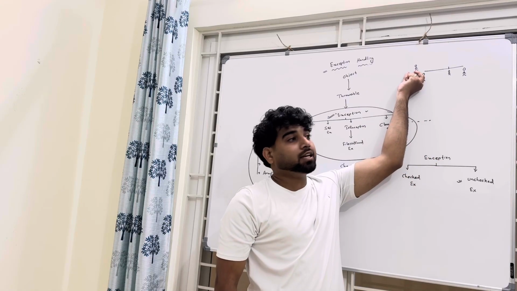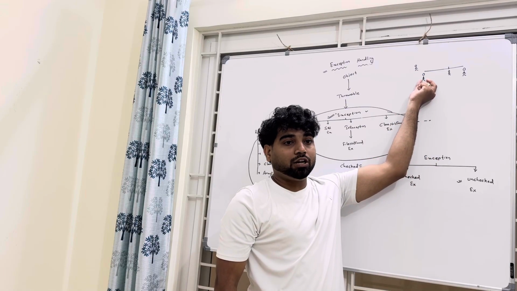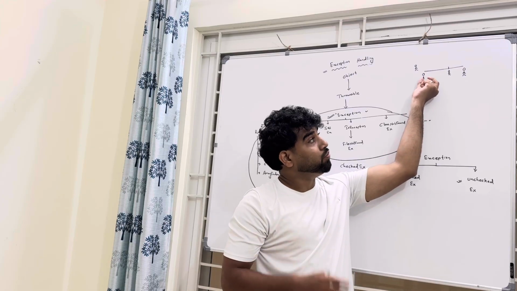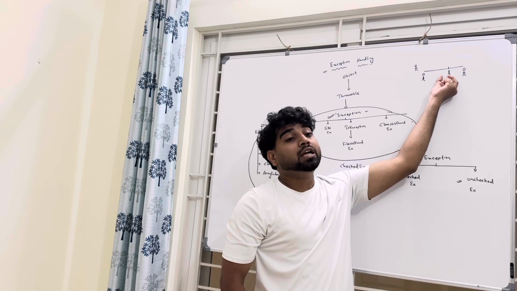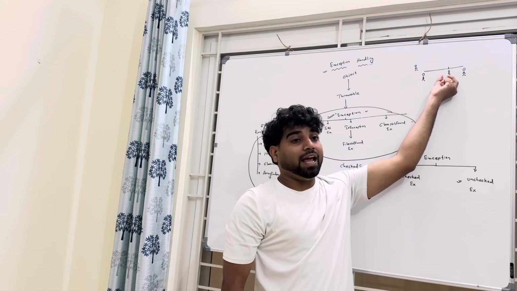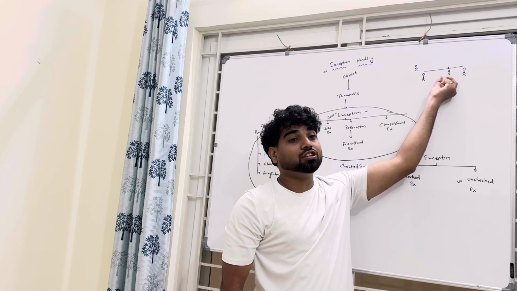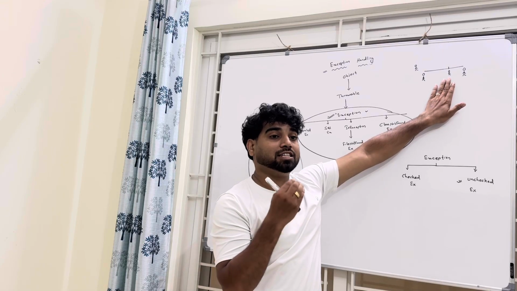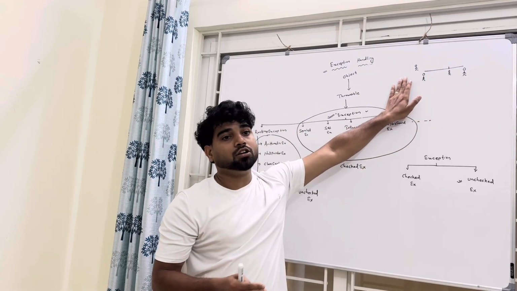Your friend is checking whether you are taking the helmet or not, whether you are taking the precaution so that you should not face any exception at runtime. That will be checked by the compiler.